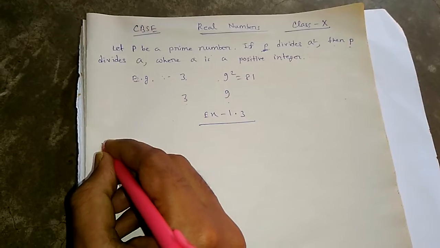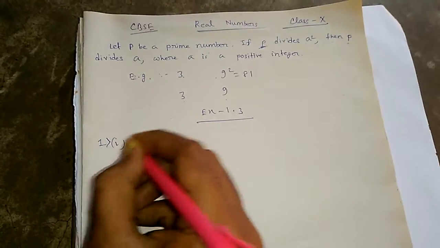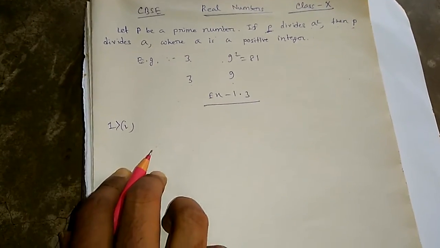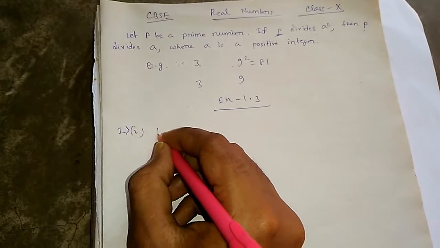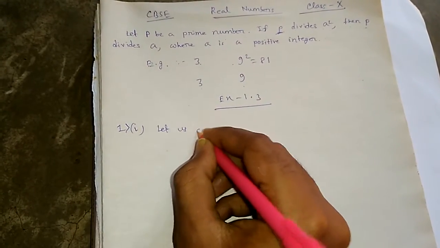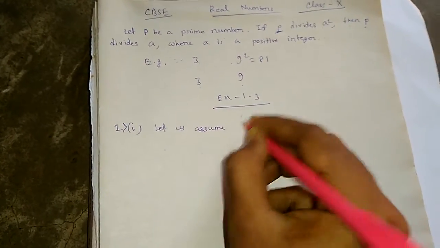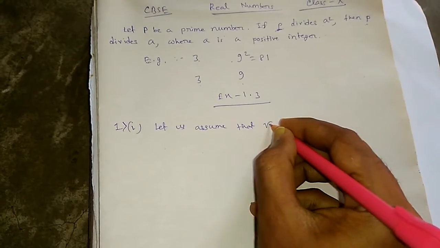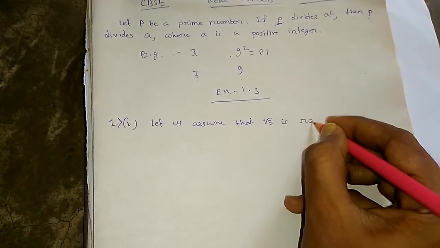Our first question in exercise 1.3 is we have to prove that root 5 is irrational. So let us assume that root 5 is rational.